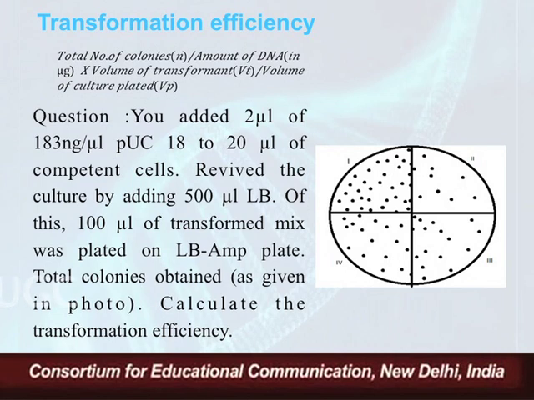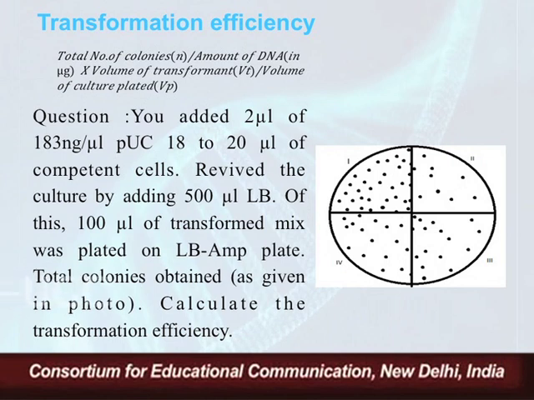So let's look at one question and try to do it. You added 2 microliters of 183 nanogram per microliter pUC18 to 20 microliters of competent cells. You revived the culture by adding 500 microliters of LB. Of this, 100 microliters of the transformed mix was plated on an LB ampicillin plate.